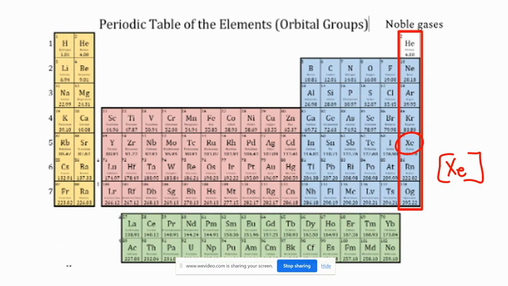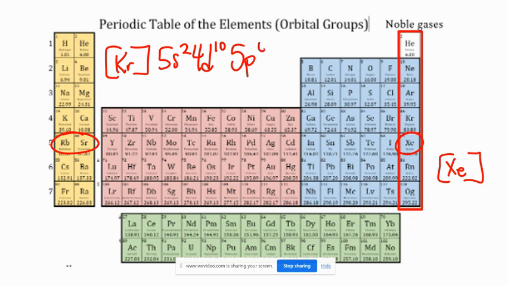You have to go back to krypton, and then start from there. So this would be 5s2, 4d10, 5p6.